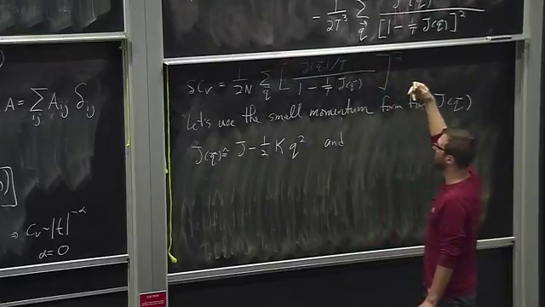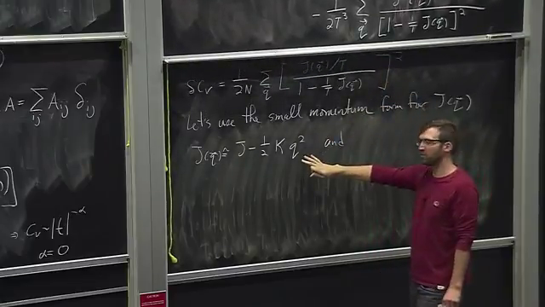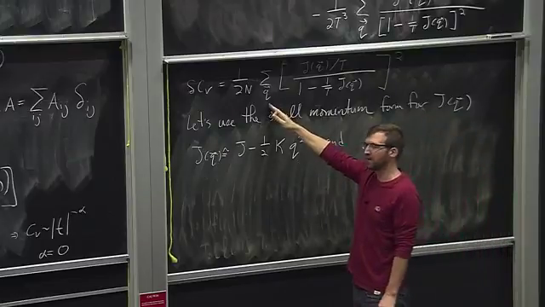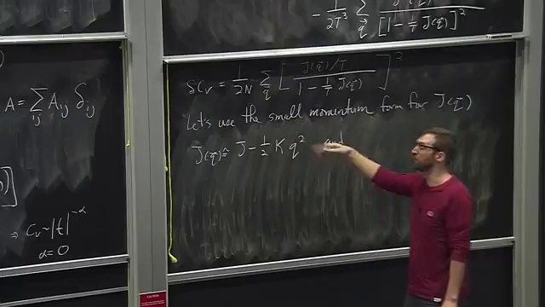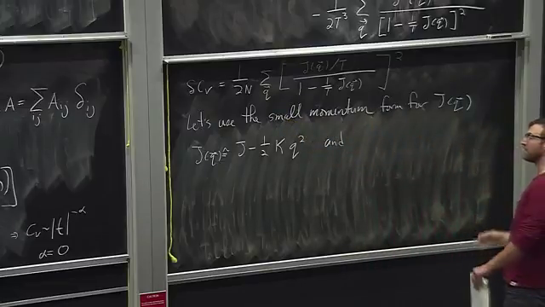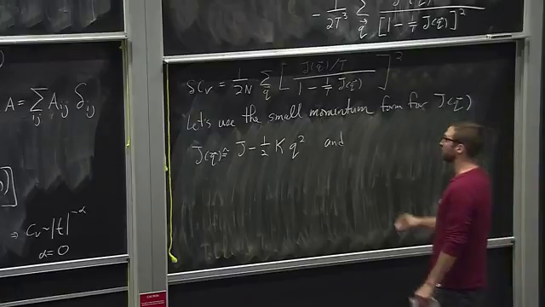And since we're now isolating Q as a variable, we'll take this sum and do the calculation in the continuum. So we'll take the thermodynamic limit and change that sum to an integral.